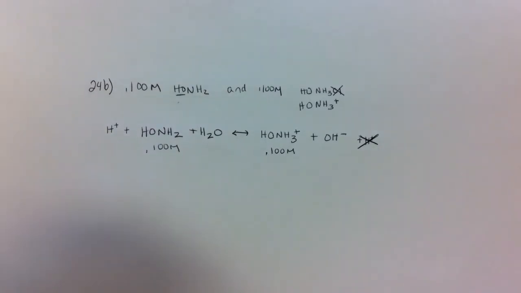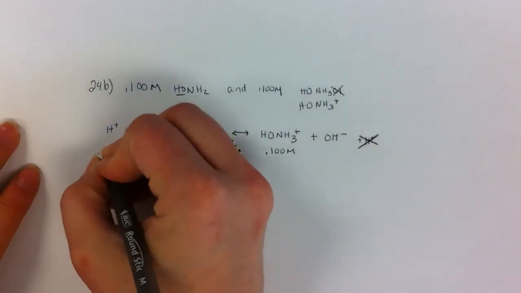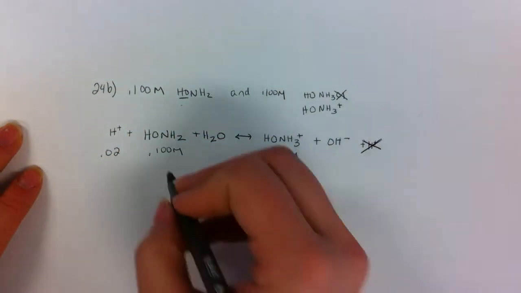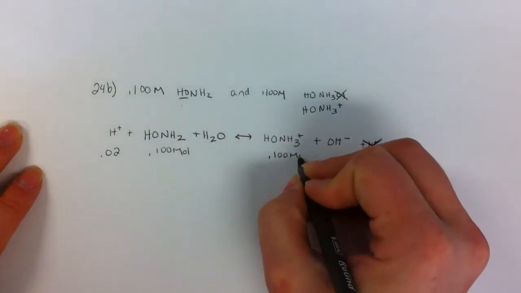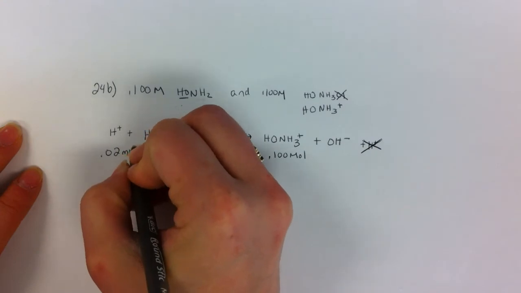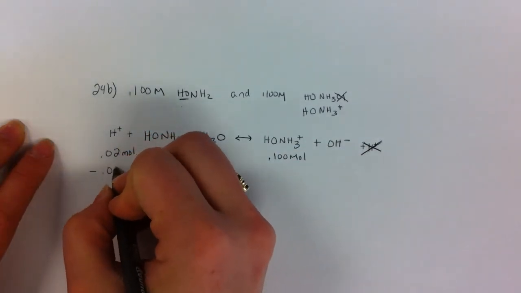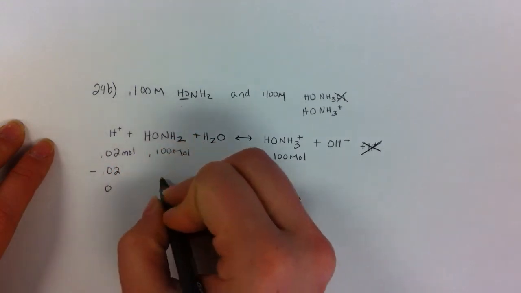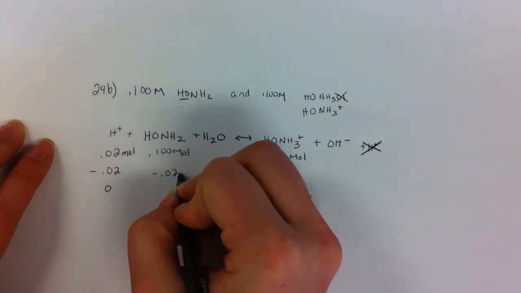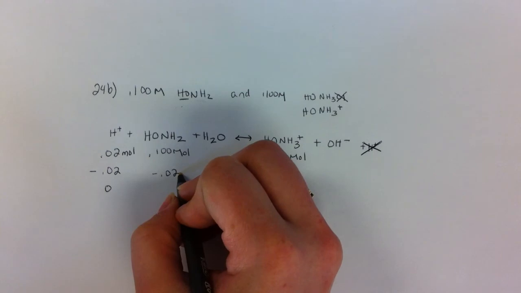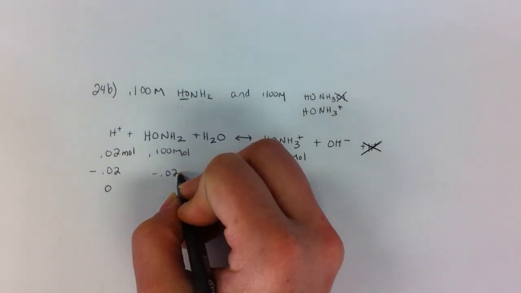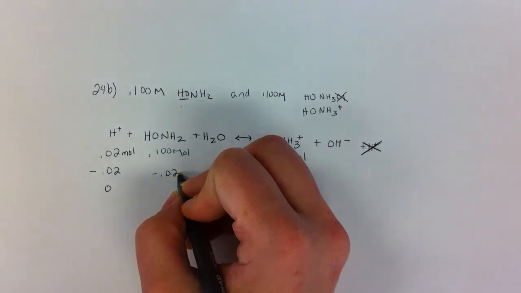Okay? So we added 0.02, and it's in a 1 liter solution, so molarity is the same as moles. And I can see already that this one is going to run out first. And that would give me, when I subtracted that, sorry, let me find my key.